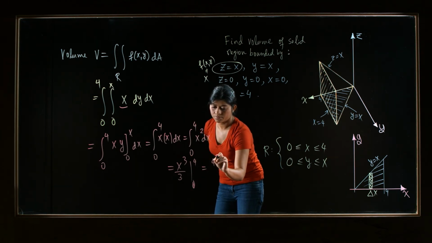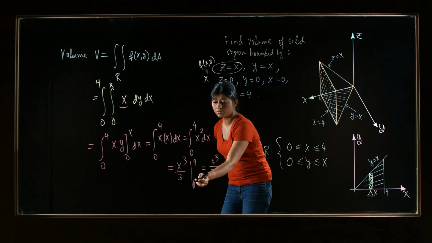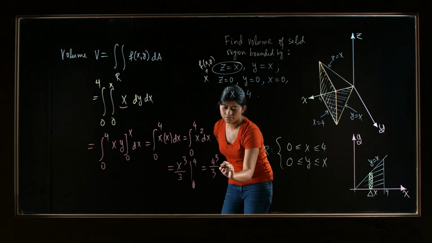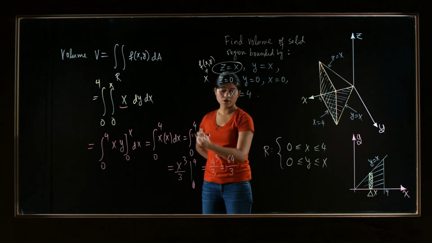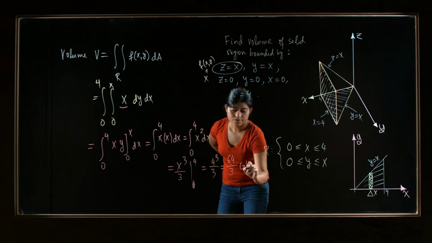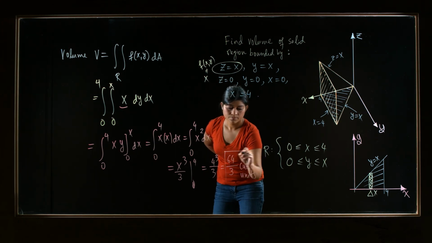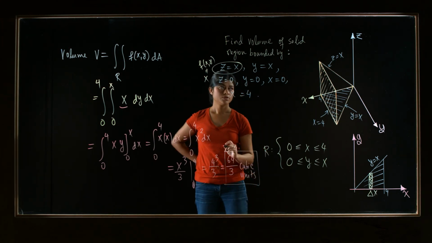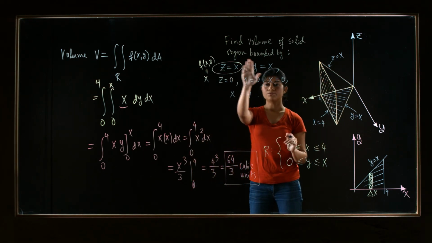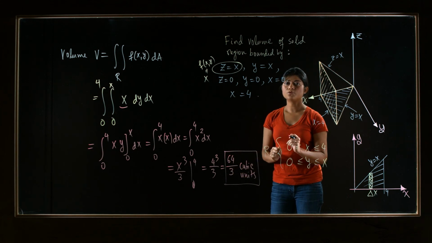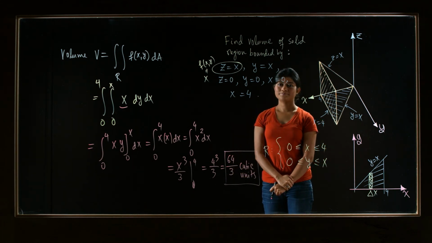So that is 4 cubed over 3 minus 0, because there is an x already. So this is 64 over 3. And since this is a volume, this is cubic units. So the volume of this solid that's bounded by the graphs of all these functions is 64 over 3 cubic units. Thank you.